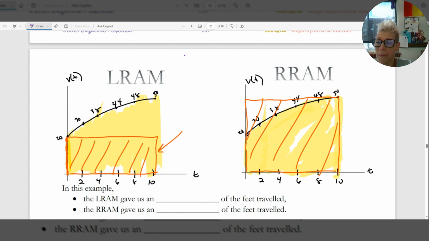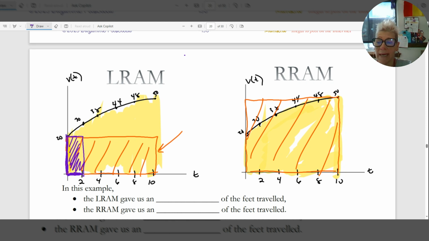Left-hand rectangle. Well, let's make a rectangle starting at the left, but that only goes for the first 2 seconds. So there's my rectangle. If I now top off to get my parallel side, then that is our rectangle.